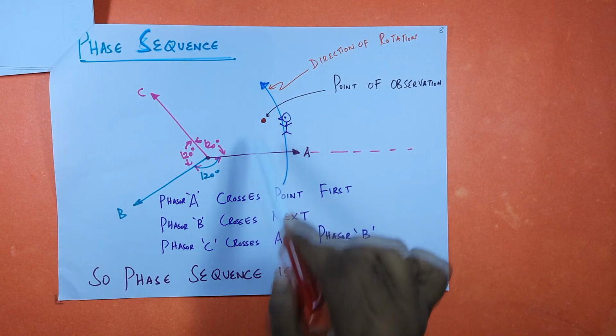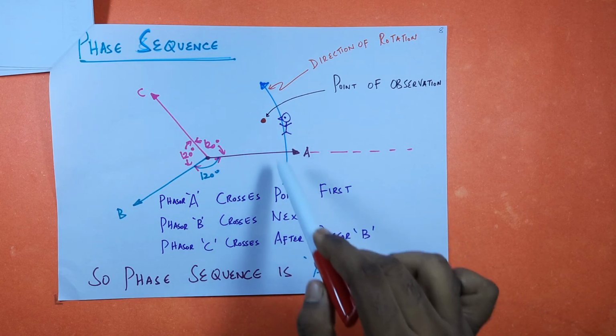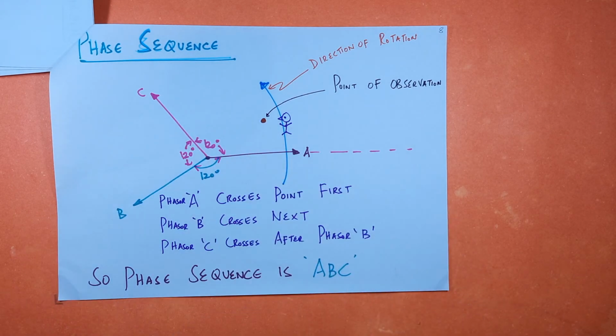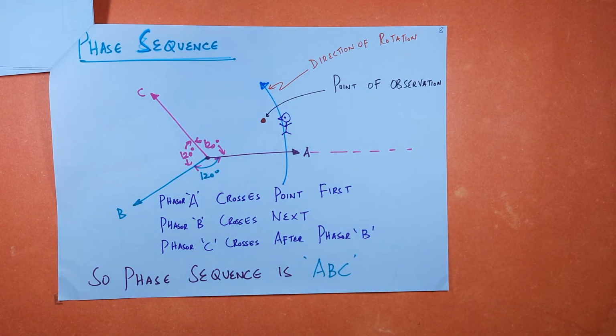The phase A crosses this point first. First phasor A will cross this point, next phasor B will cross, and finally phasor C will cross. First phasor A, next phasor B, next phasor C. So this is going to repeat again and again. So here we say the phase sequence is ABC.